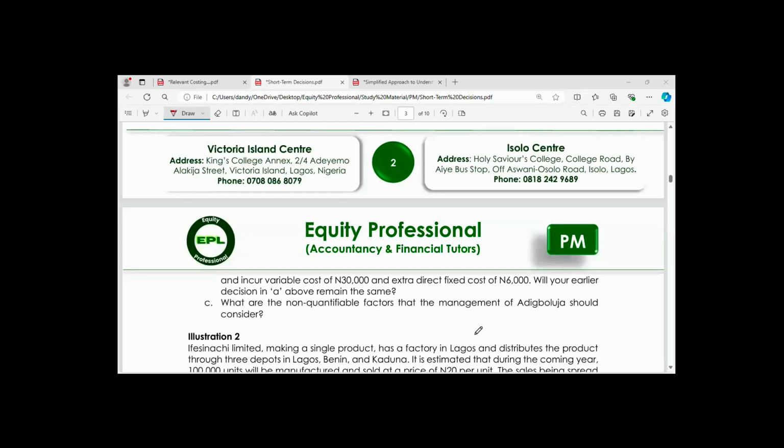Will your earlier decision in A above remain the same? C. What are the non-quantifiable factors that the management of Adigboluja should consider?